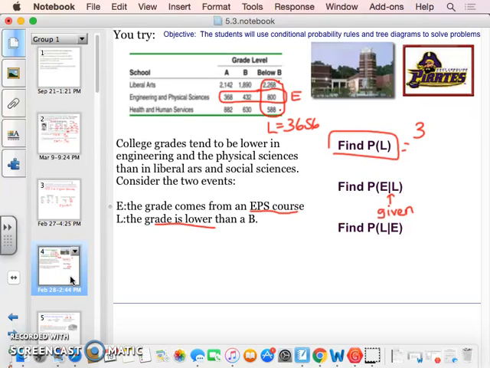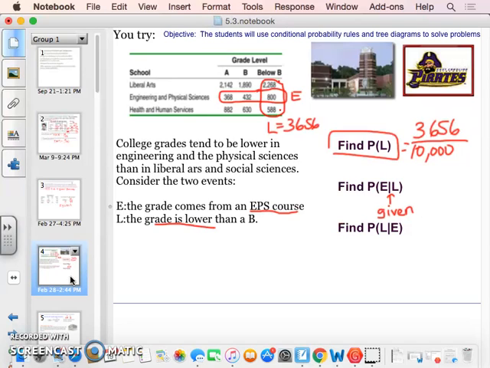So the probability of L is 3,656, and I added up all the students in the school, and there were 10,000. So the probability of getting below a B is 3,656 out of 10,000.